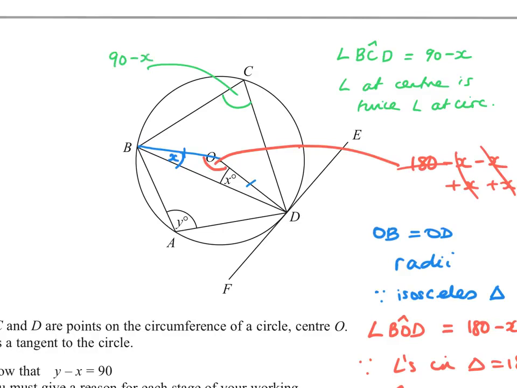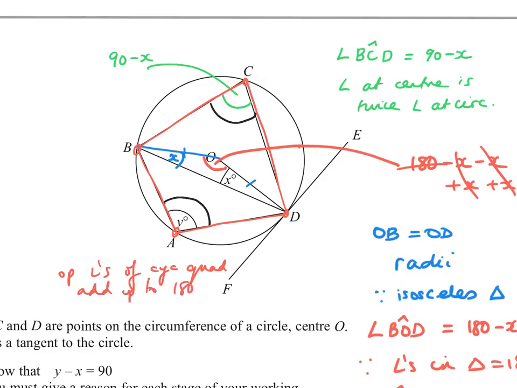And then the last thing to note is that this angle plus this one are angles in a cyclic quadrilateral. All that means is there's a four-sided polygon, a quadrilateral, which is enclosed and touching the circle at all times. So it has 1, 2, 3, 4 points on the circle. So we can say opposite angles of a cyclic quad add up to 180 degrees.